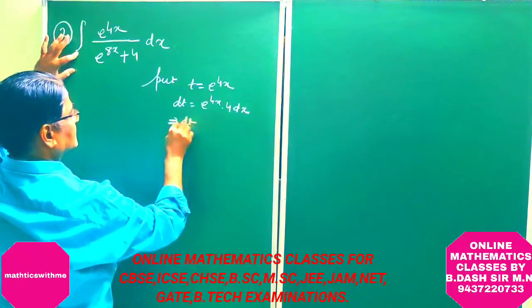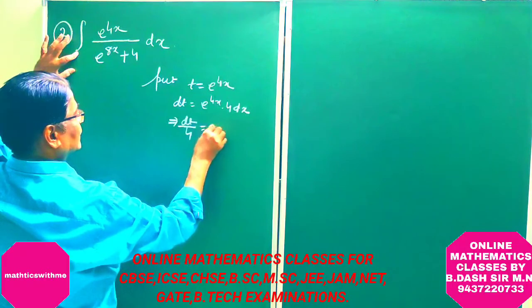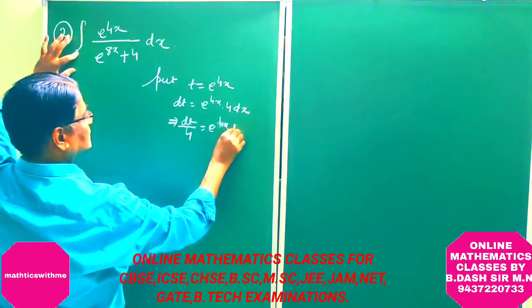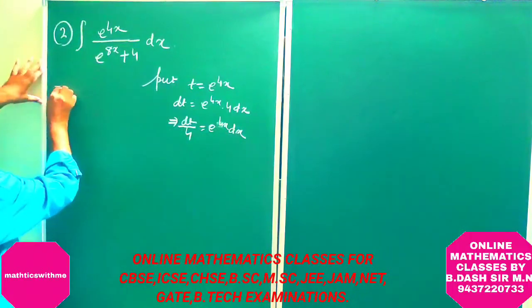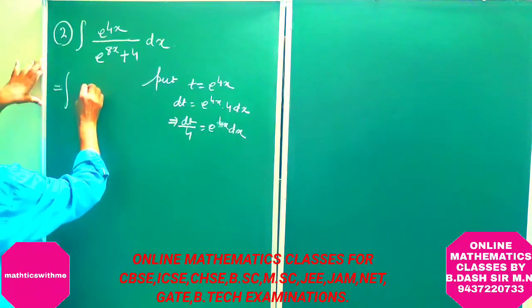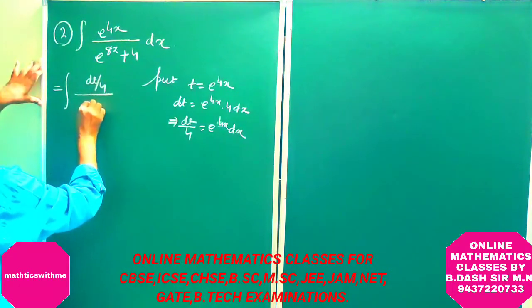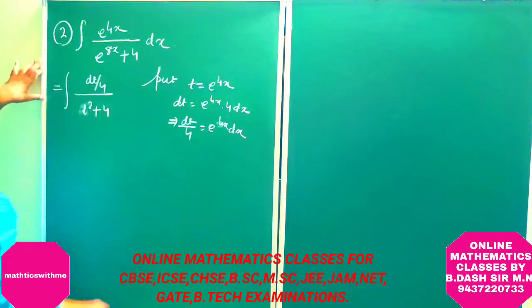This gives us dt by 4 is equal to e to the power 4x dx. So this integration is equal to dt by 4 divided by t square plus 4.